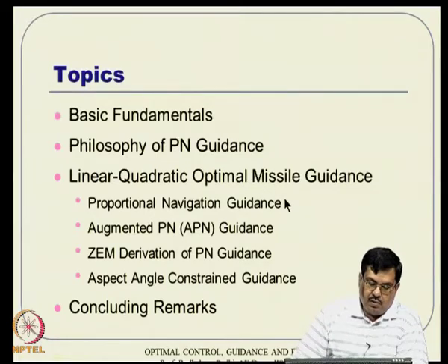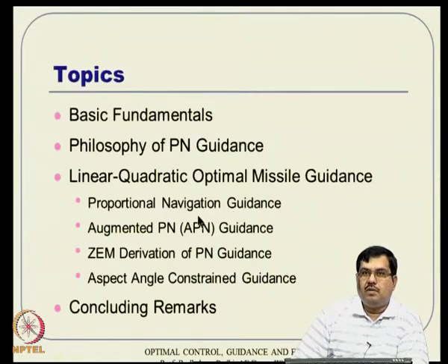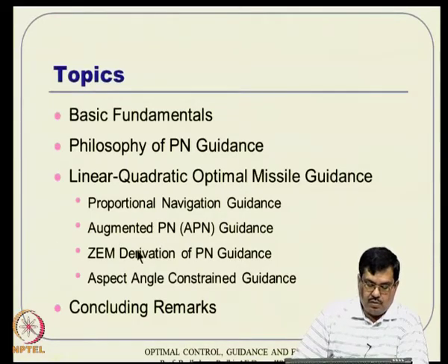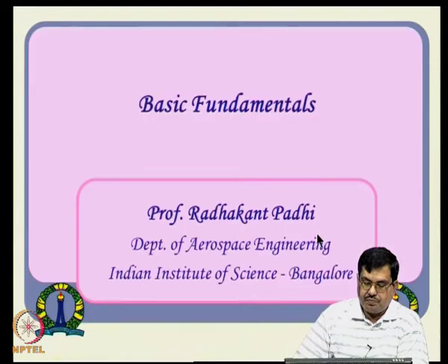In that framework we will study various classes, mostly in 2D: proportional navigation guidance, augmented proportional navigation guidance, then the same derivation through the zero effort miss concept of PN guidance, and also aspect angle constant guidance. We will have some concluding remarks at the end of the lecture.